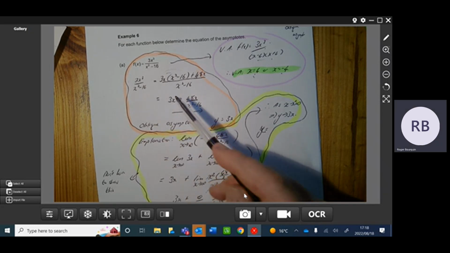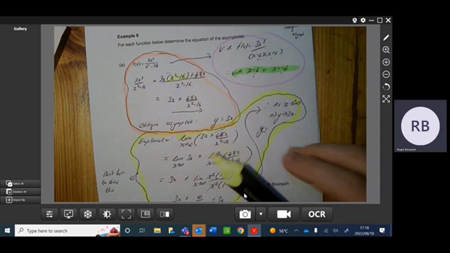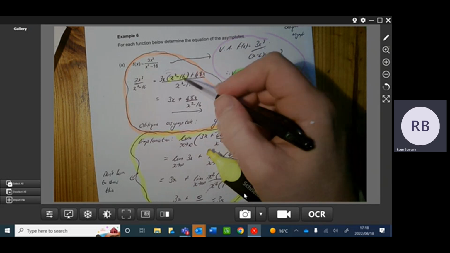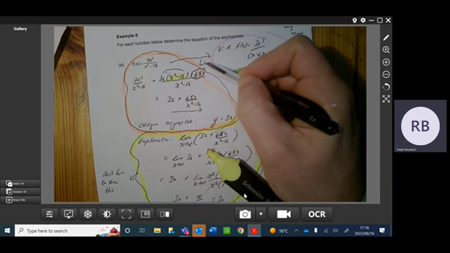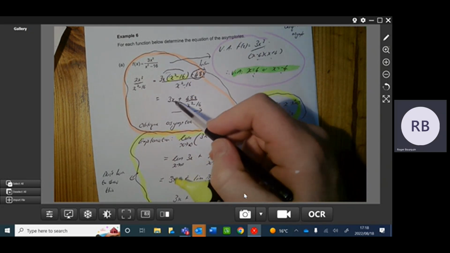Then the degree of the numerator is 1 more than that of the denominator, so we're going to have an oblique asymptote. To find its equation, we divide 3x cubed by x squared minus 16. The way I do it is the force and balance method. I force x squared minus 16 into the numerator, but then you've got to balance it.